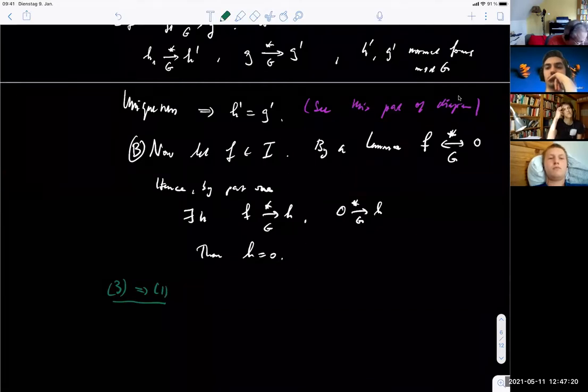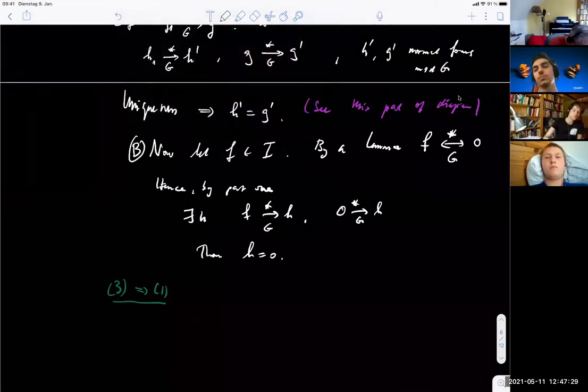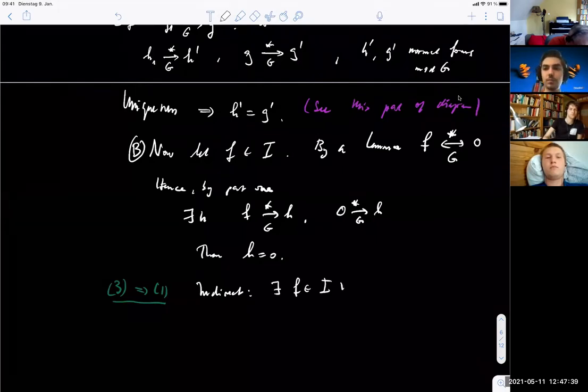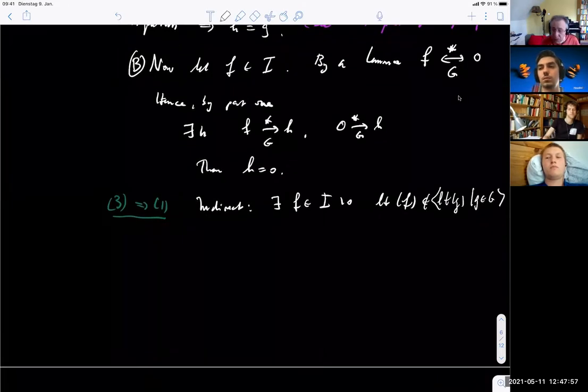Okay, so it will be indirect. Assume I have a non-zero F in the ideal, and the leading term of F is not in the monomial ideal generated by the elements of G. So this defining property of Gröbner basis is violated with the polynomial F. And then I take F minimal with this property.